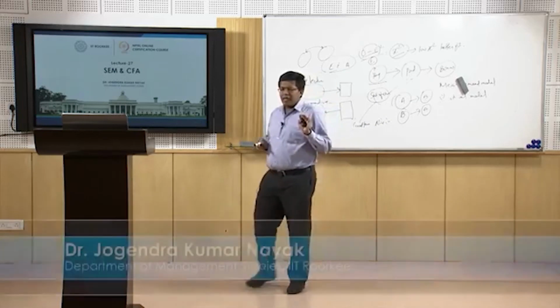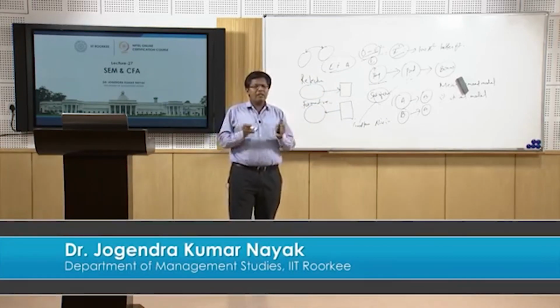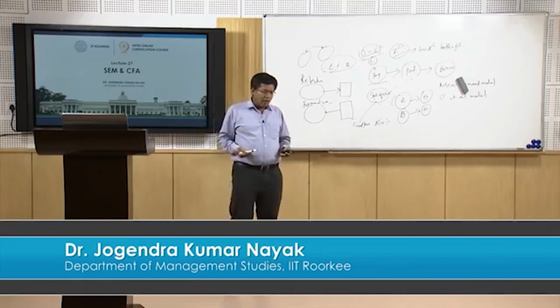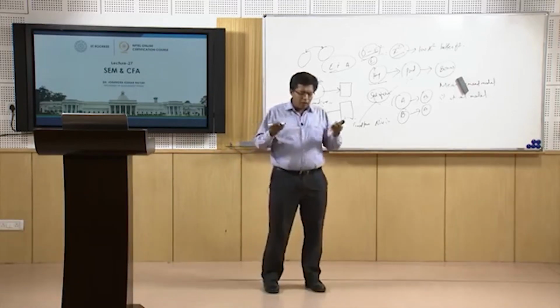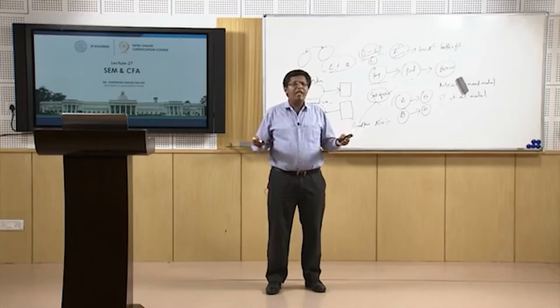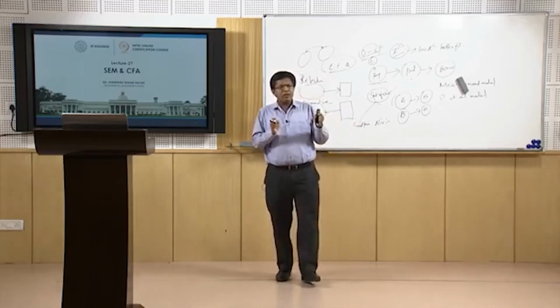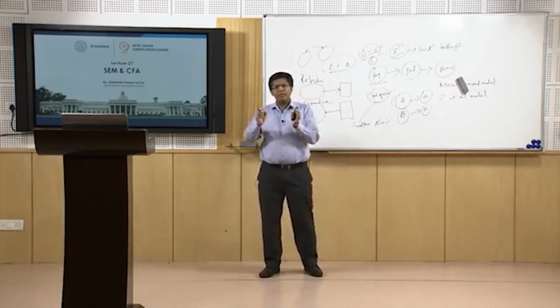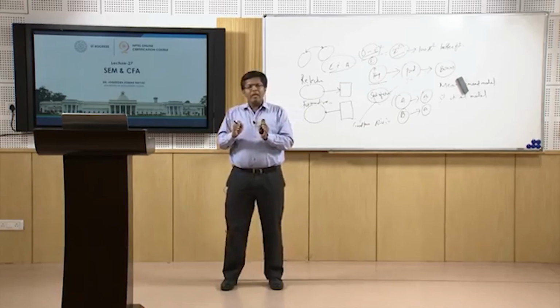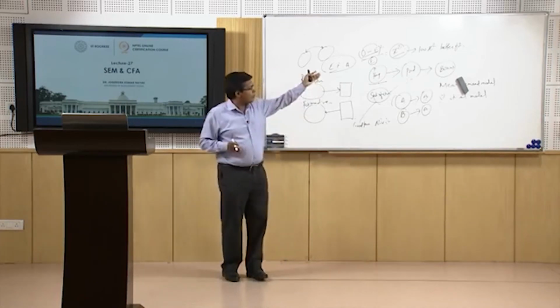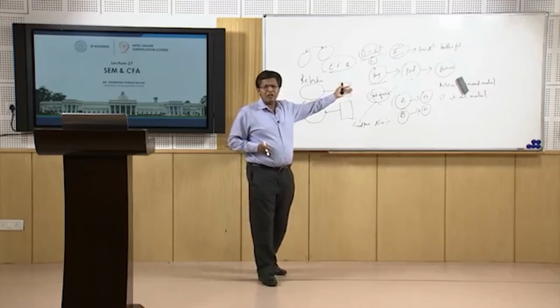We will see how a construct is checked for measurement error, and how the constructs are validated. Once the validation is over, then the researcher can move on to the next stage where he can test the relationships, right, as given in the structural model.